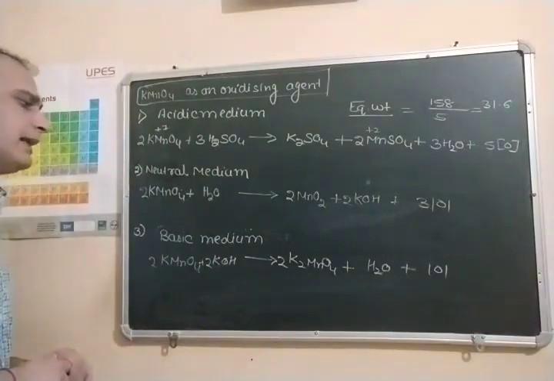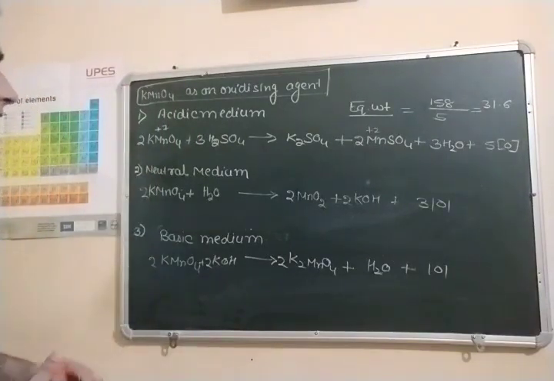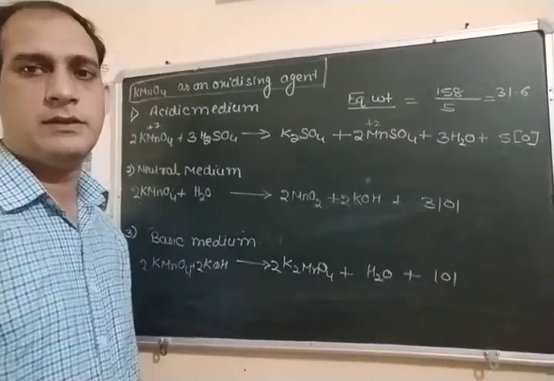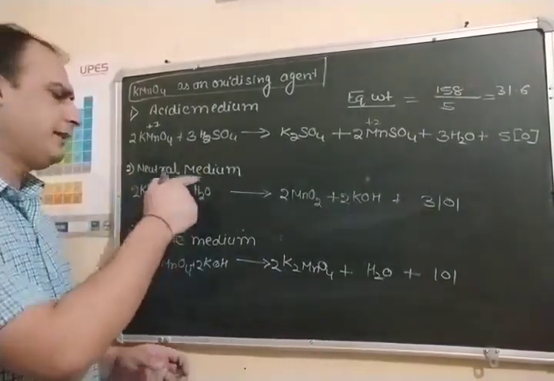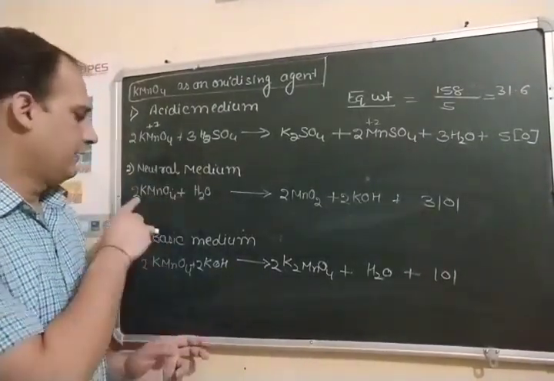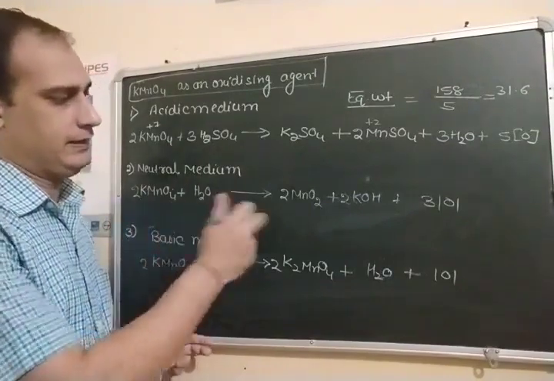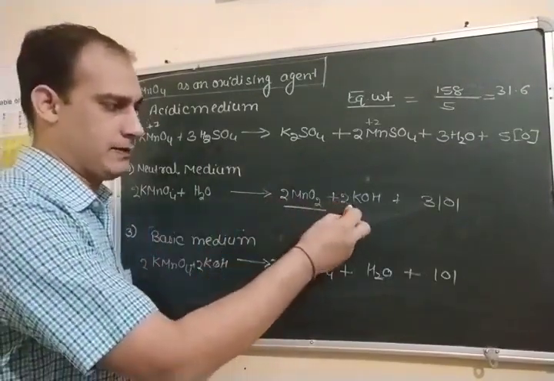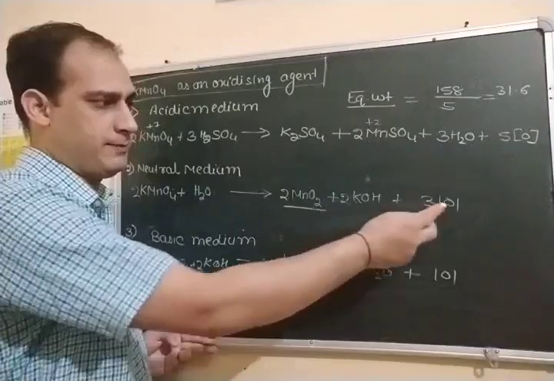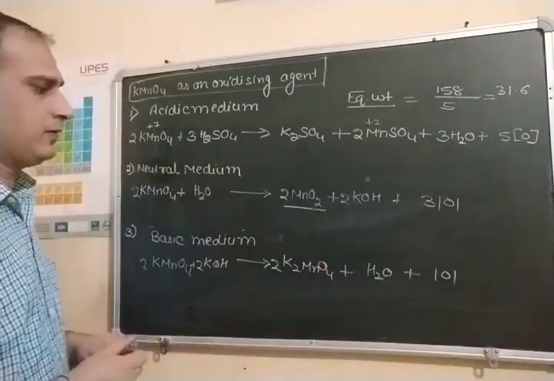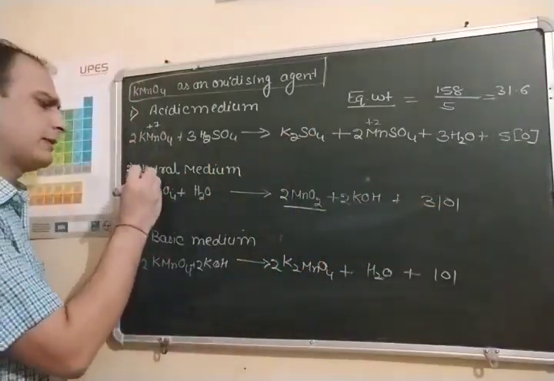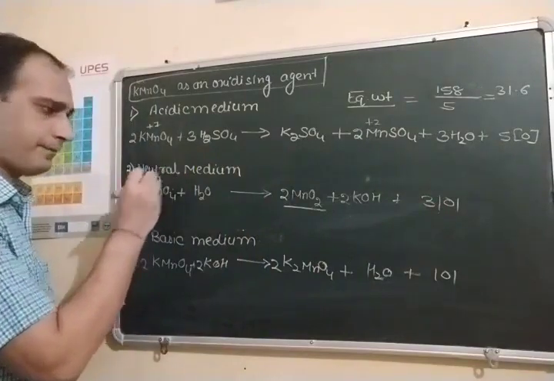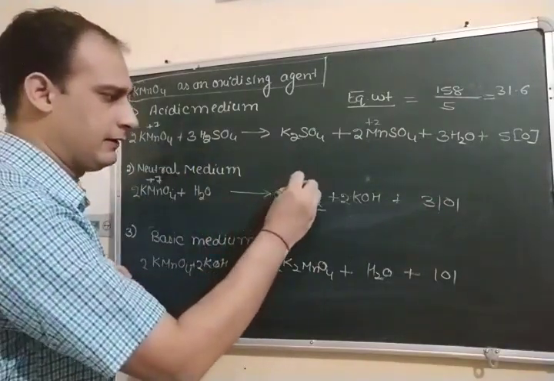As far as the neutral medium is concerned, here you can see 2 KMnO4 plus H2O, it is forming what? MnO2 plus 2 molecules of KOH plus 3 nascent oxygen. And here you can also observe the oxidation state of manganese is +7, and here it is what? +4.